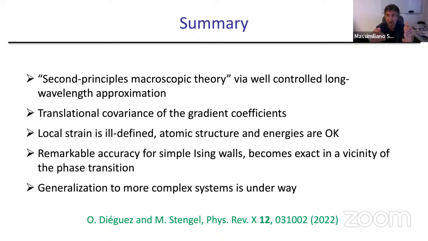Once you derive your functional with respect to the polarization and with respect to the strain, you get exactly the same equations if you consider either the direct or the converse form of the flexocoupling. They are related by integration by parts. So if you write them in reciprocal space, it's exactly the same quantity.